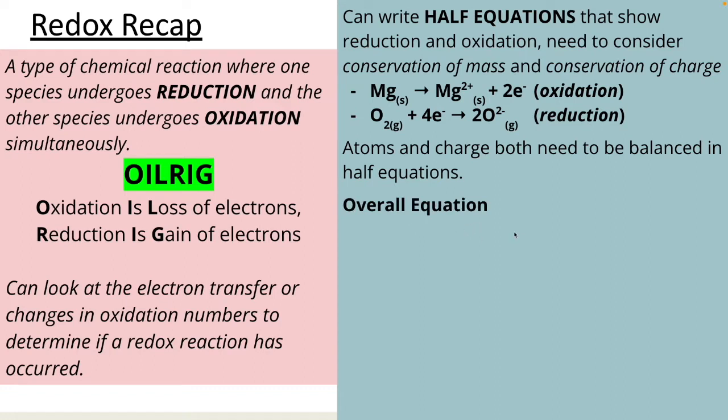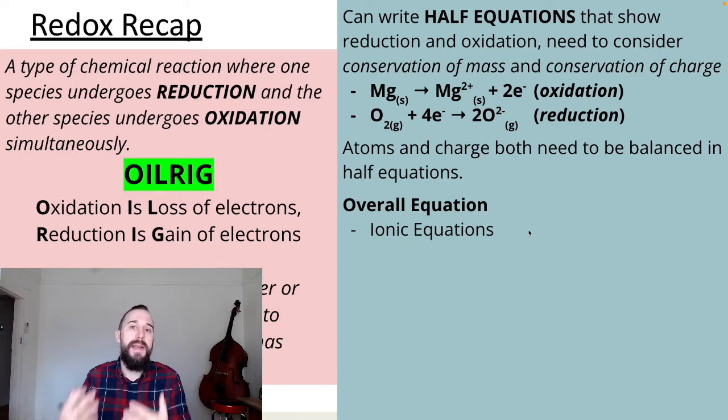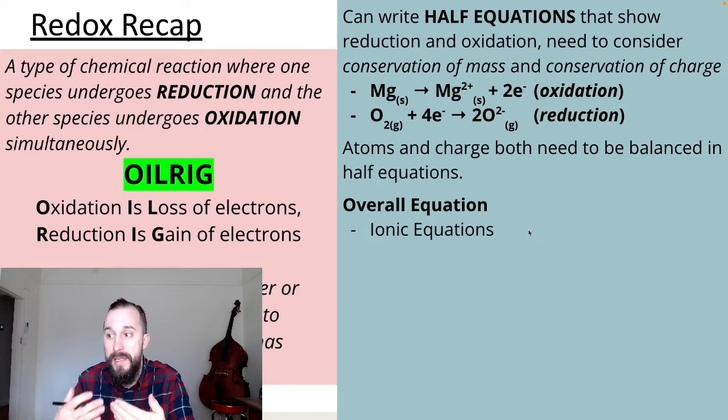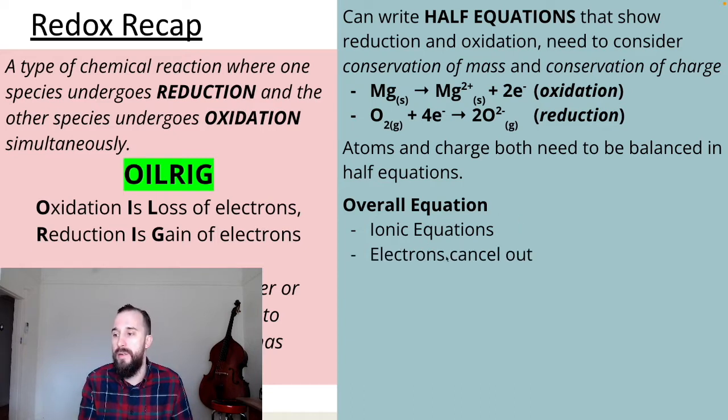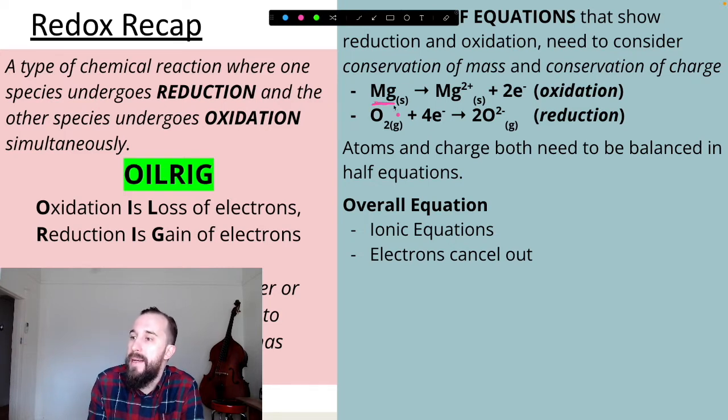Now, in order to combine our half equations, we've got to make sure that the electrons cancel out. So the same number of electrons that are lost in oxidation need to be the same number of electrons that are gained in the reduction. So for example, in this one that I have here, our magnesium atom is losing 2 electrons, but in order for the oxygen molecule to be reduced, it needs to gain 4 electrons.